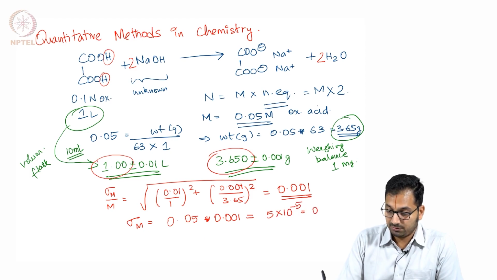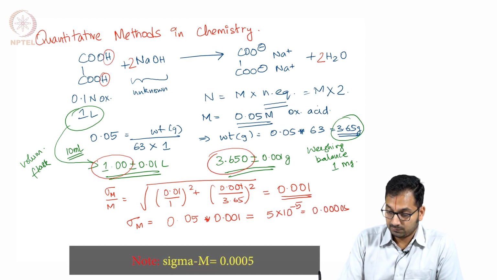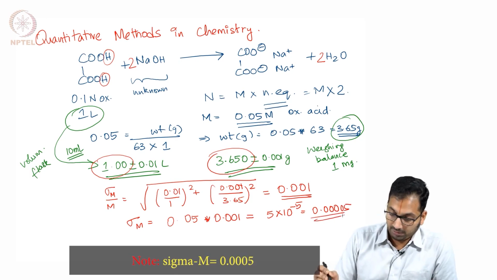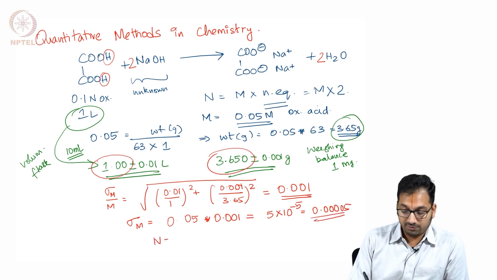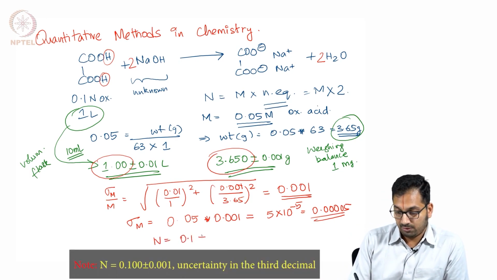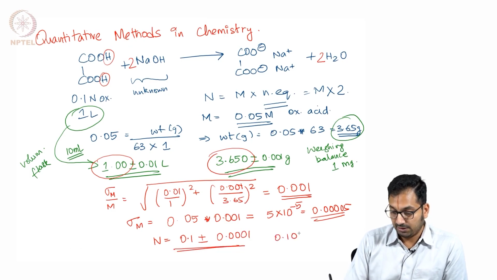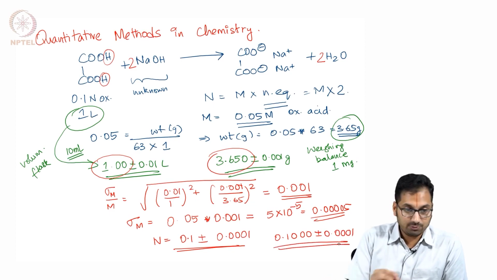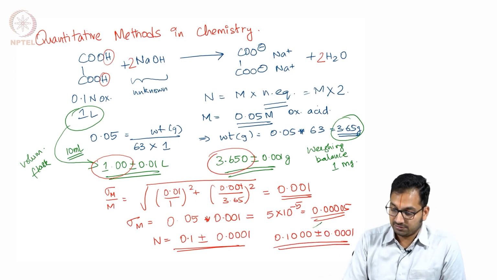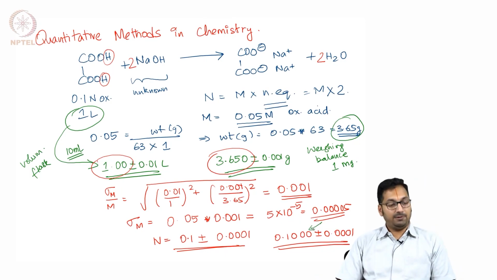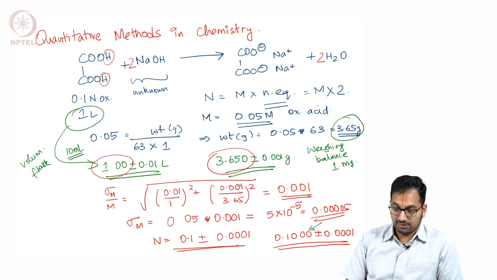So this indicates the normality is going to be nothing but 0.1 plus minus 2 times of this, that will be 0.0001. Of course, this should not be written this way, you have to write it properly. This indicates once again that the lack of certainty comes from this value. Okay, so now that we have found this, let us go to the next part.